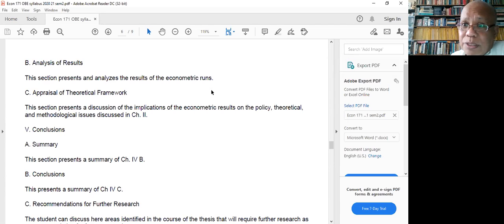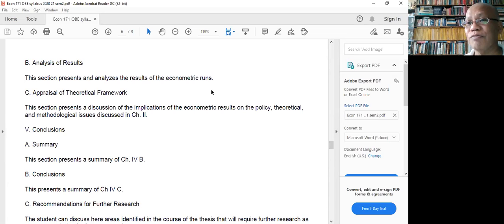Keep in mind, for example, that when your data are cross-sectional, like your analysis of income and expenditure patterns using the FIES of 2018, the Family Income and Expenditure Survey of 2018, or the data on the Annual Poverty Indicator Survey, that's not time series data.